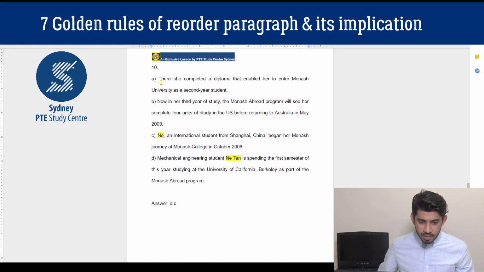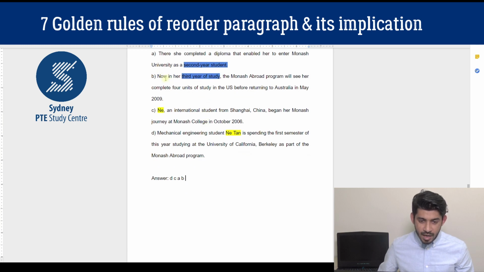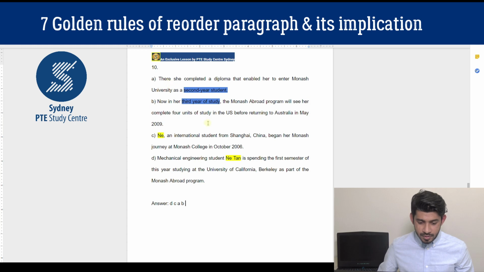Then about A and B, we already have figured out second year student and third year of study. Obviously your second year comes first, then third year. Another clue is it says now, that means it's the present event, happening now. So that's the latest event, so obviously it comes later than the other event. So looking at these four words, you can give your answer D, C, A, B.